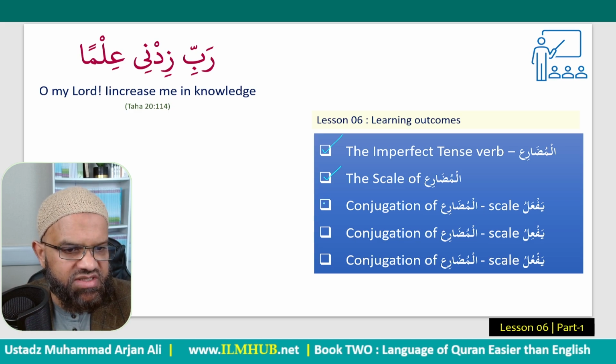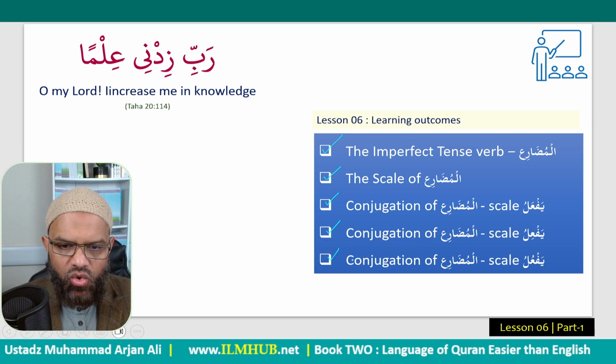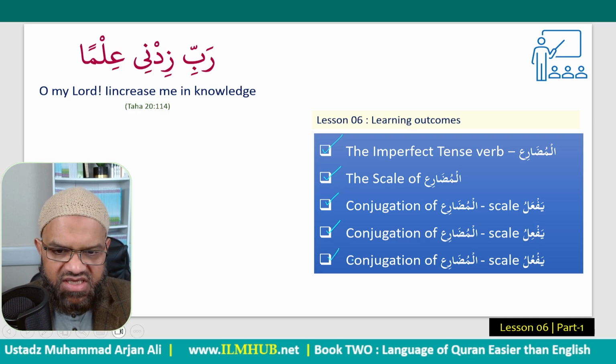Then I conjugated 3 different ones on the yaf'alu, yaf'ilu, and yaf'ulu scales. The details of the explanation I've given are almost identical to what we did in the madi. We do need to identify the doer, and we need to identify the scale. And of course, the root will come later on, as we've learned.